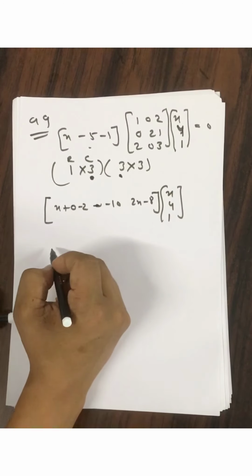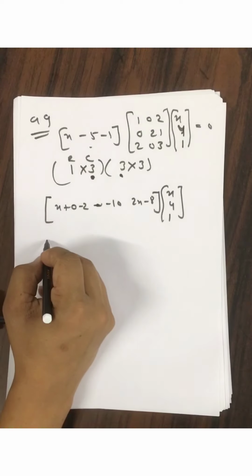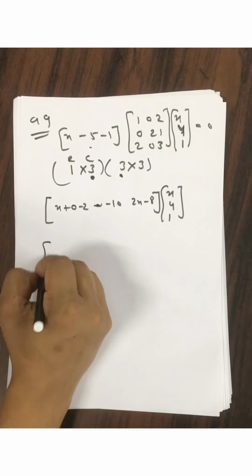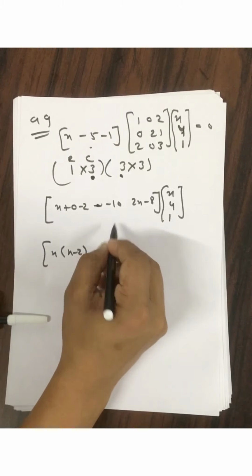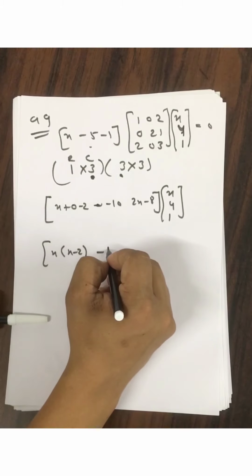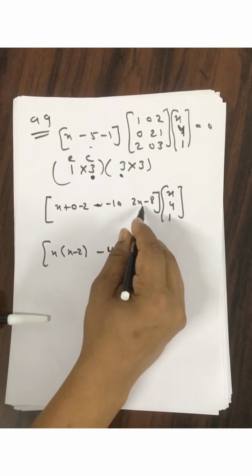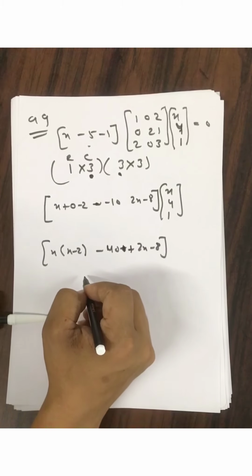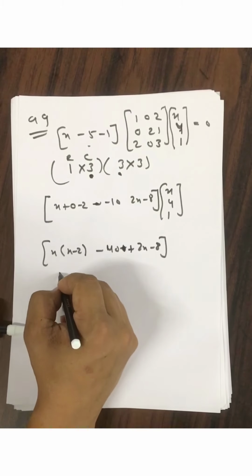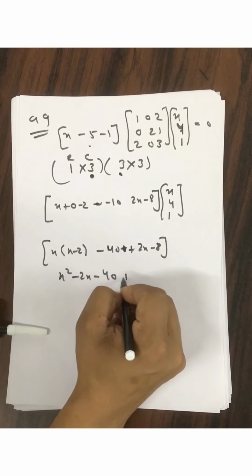Put the value now and multiply. This is x minus 2 into 1, x into x, so x into x minus 2, then this multiplied by 4, minus 40, plus 2x minus 8. So this will come x square, 2x minus 40 plus 2x minus 8.